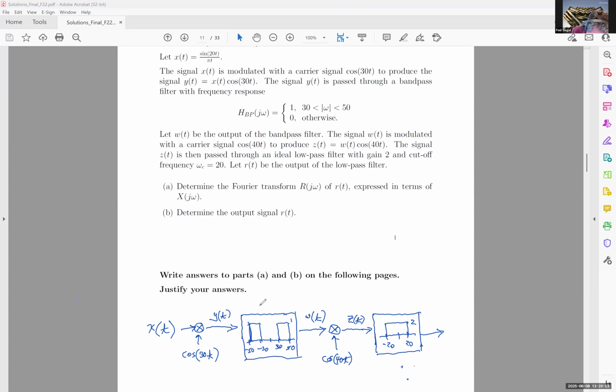So this, if we want to just call it, this could be our H_BP(jω). This is H_LP(jω).